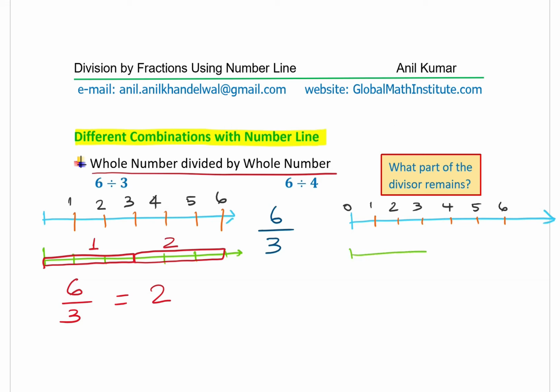So by 4. So this is the divisor line which has the same size, basically 1, 2, 3, 4, 5, 6. But we are dividing 6 by 4. So the unit by which we are dividing basically is 4 this time. So this is dividing by 4.